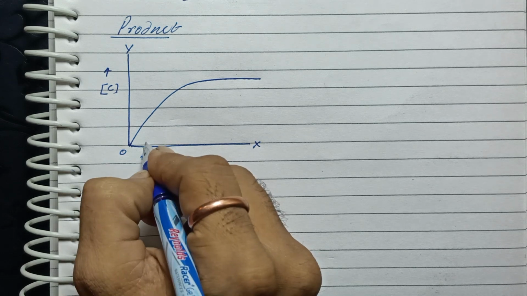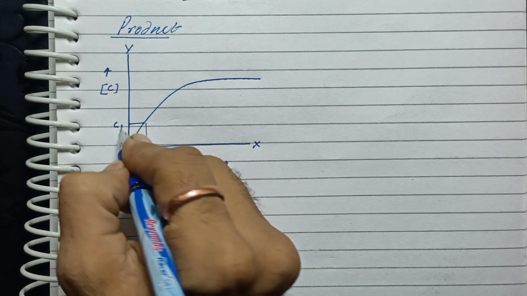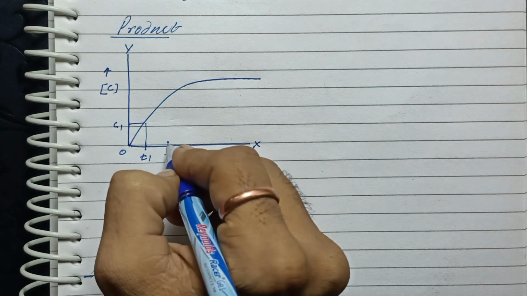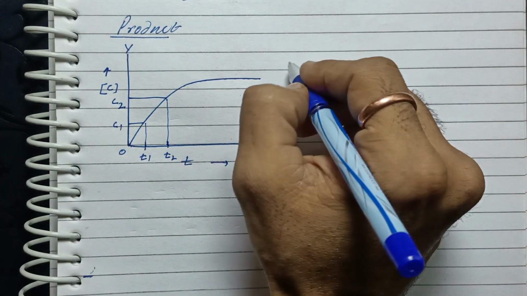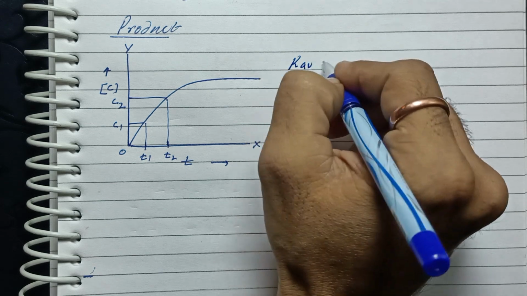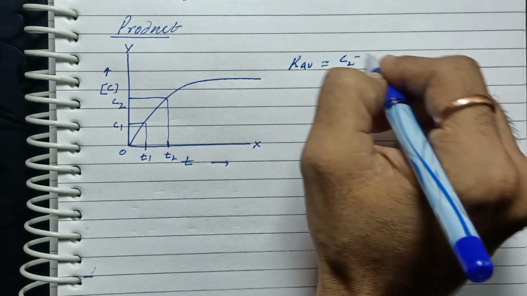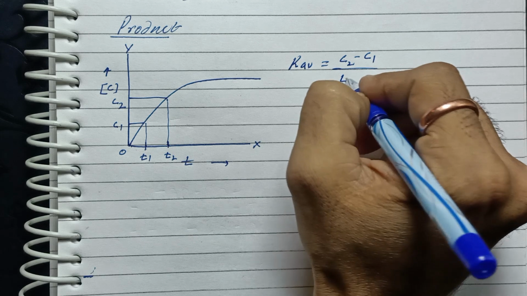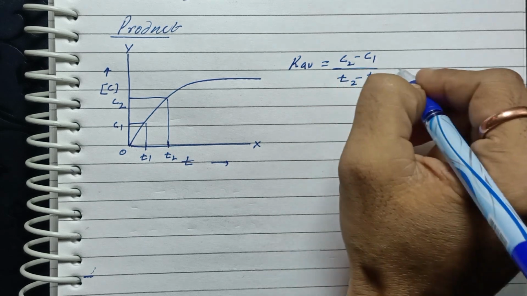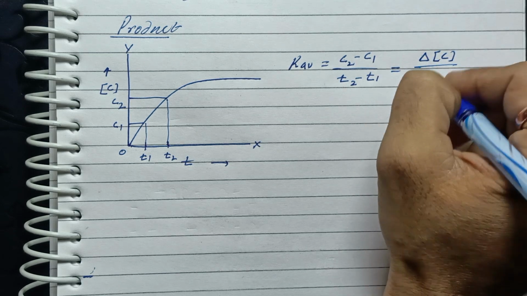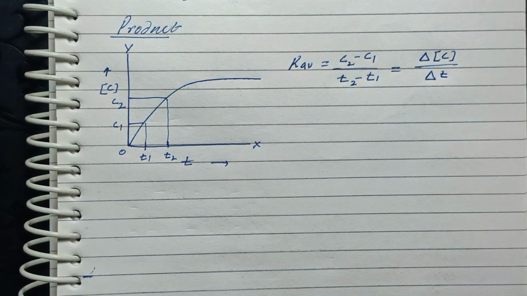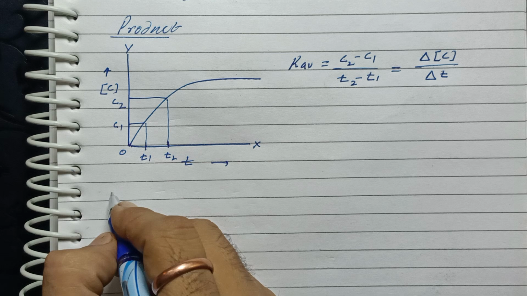This time is t1, concentration is c1, this is t2, concentration is C2. Therefore, average rate will come out to be C2 minus C1 upon T2 minus T1, delta C over delta T. This is average rate.